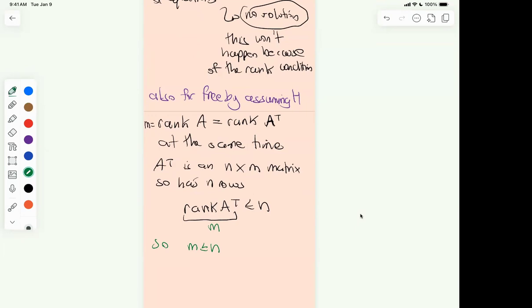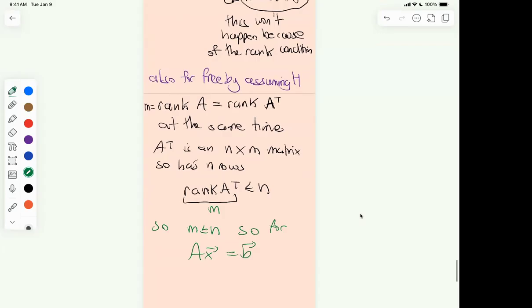So in our systems, for AX equals B, the number of columns is never less than the number of rows.